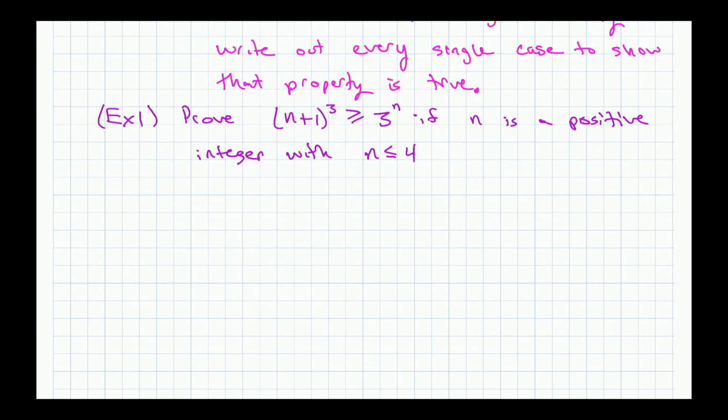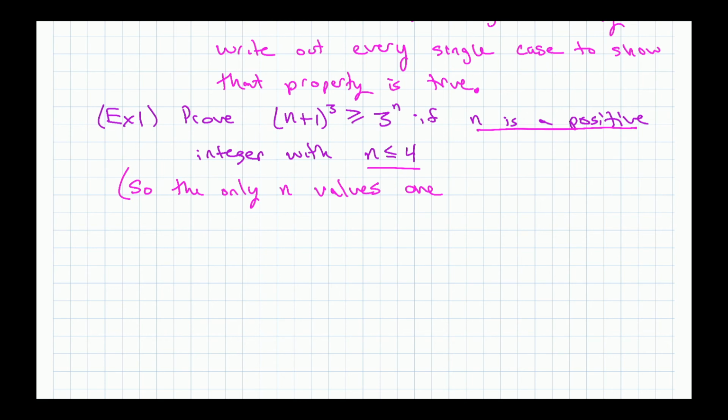Okay, so before we do the proof, I'm just going to make a comment. N is positive and n is less than or equal to 4. That's what you're supposed to notice. The only n values that we need to check: it has to be positive, so that means 1 or more, and it has to be 4 or less.